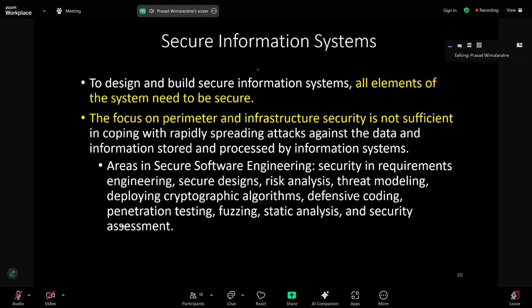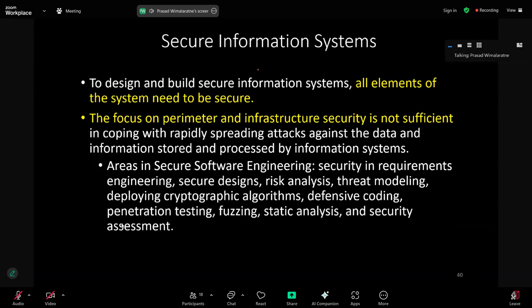If you look at how to design and build a secure piece of software, all building blocks need to be secure. All parts of the life cycle have to be secure. Just focusing on perimeter security or infrastructure security is not enough.